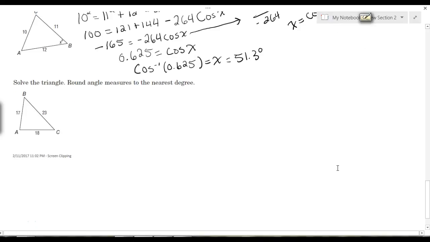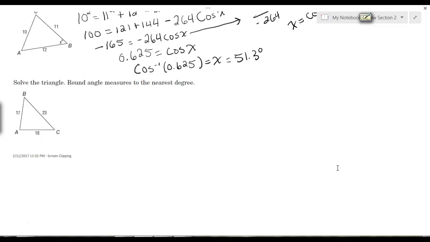Here, we're asked to solve the triangle. That means they want us to fill in all of the angles and all of the sides. So we already have 3 sides, so we need to find one of the angles. Because we have 3 sides and no angles, we're going to start out with the law of cosines.